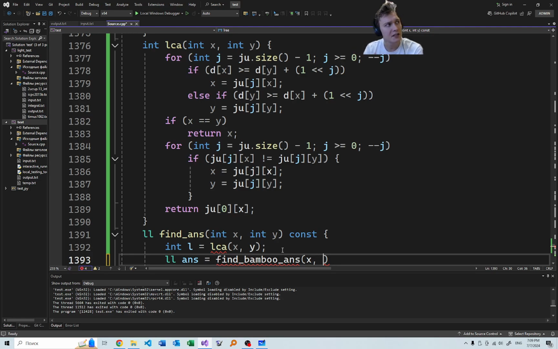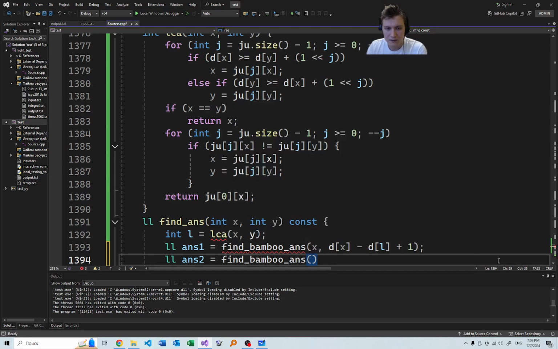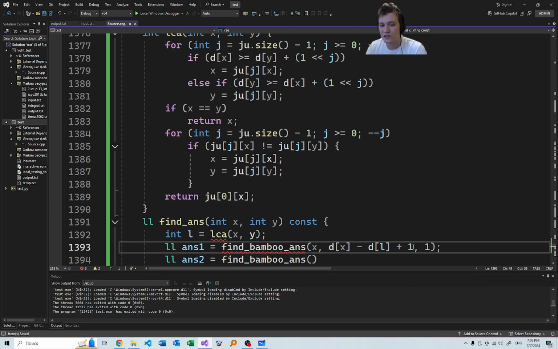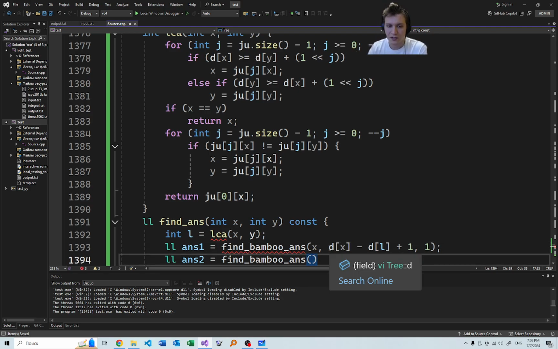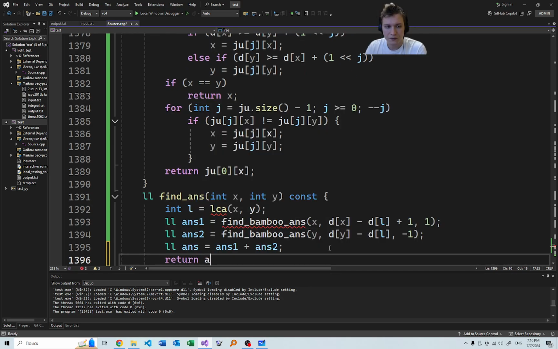So actually I want to write here the number of vertices that I want. How many vertices do I want? Something like dx minus dl plus 1. Then ans2 is find bamboo ans from. Also, I want to write here 1 because the answer increases from bottom to top. Here I want y to dy minus dl, but this time minus 1. And now ll ans is ans1 plus ans2, and I return ans.